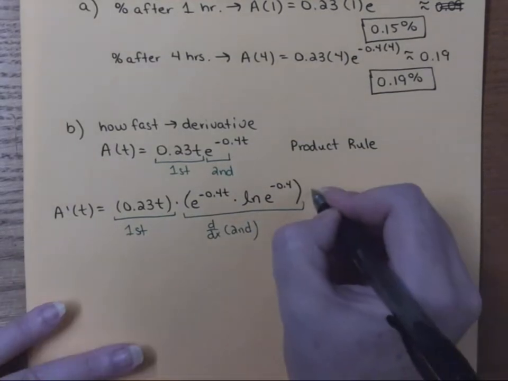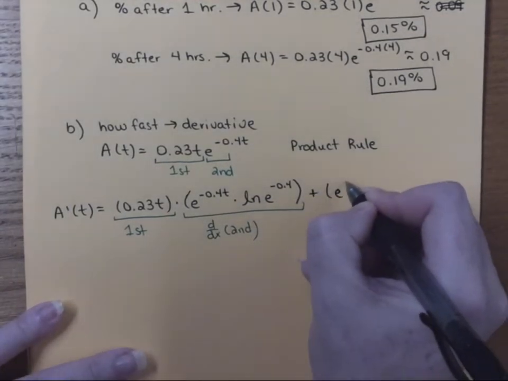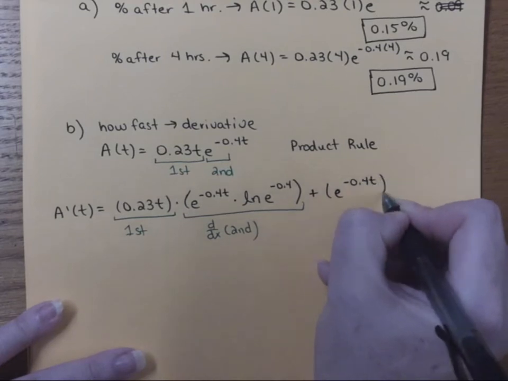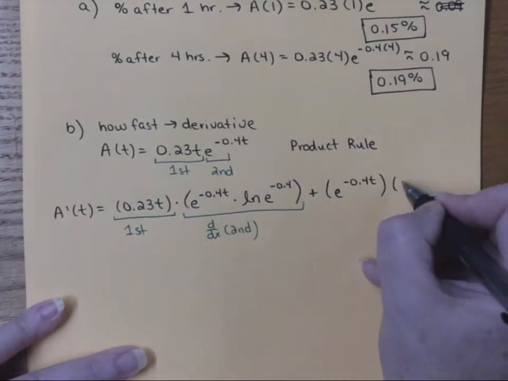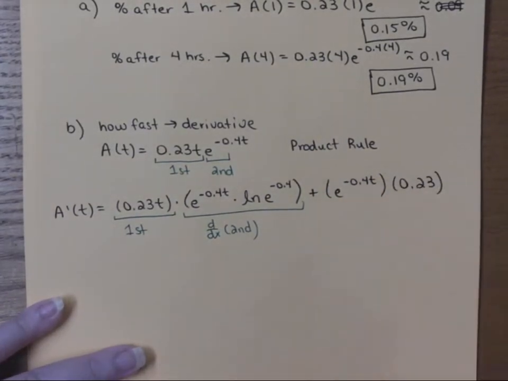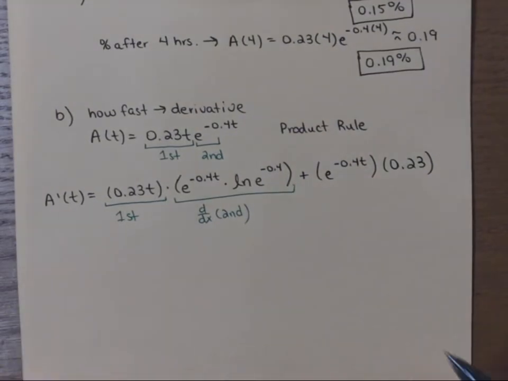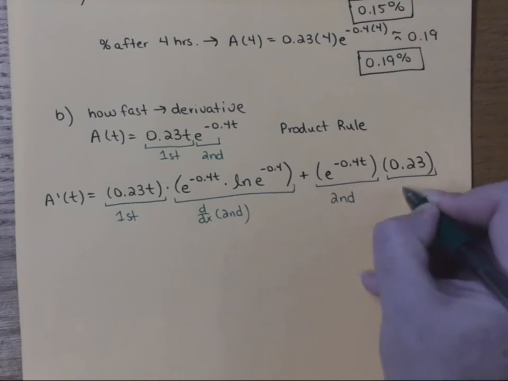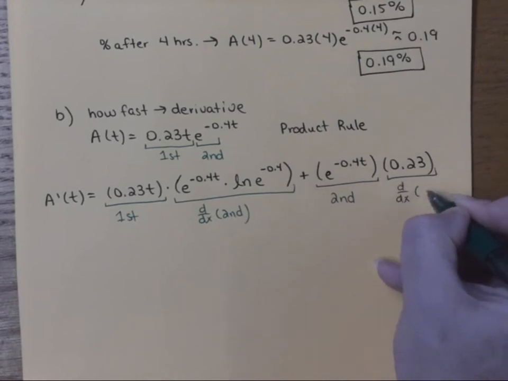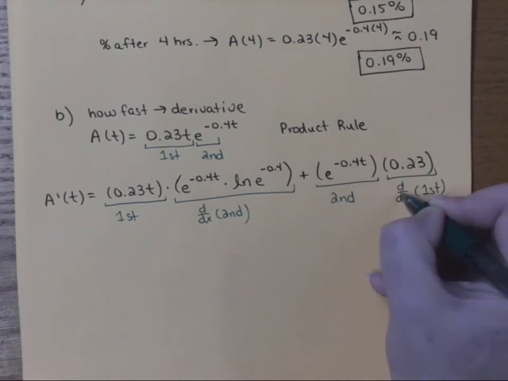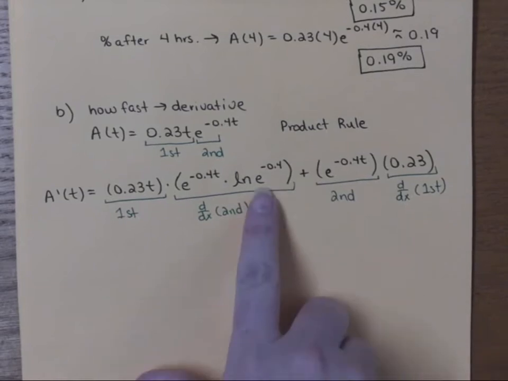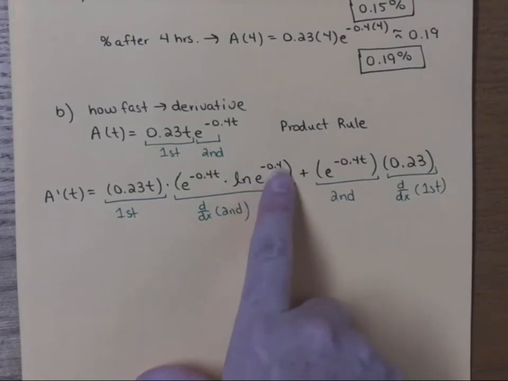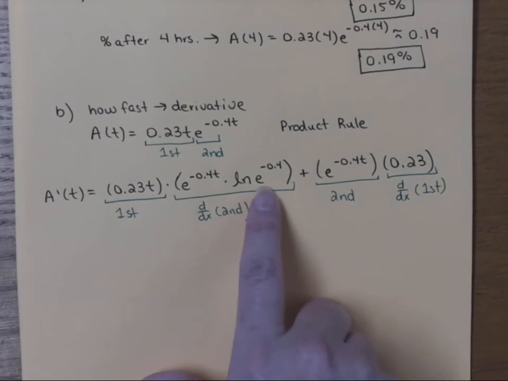So we still have to do plus the second times the derivative of the first. At least that part's a little nice, right? The derivative of 0.23t is just 0.23. So this is the second times the derivative of the first. So if we clean this up, by the way, if you work this part that I'm circling with my finger here out on the calculator, ln and e are opposite operations.